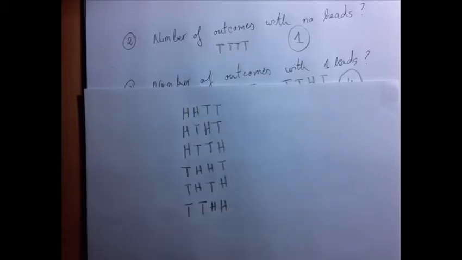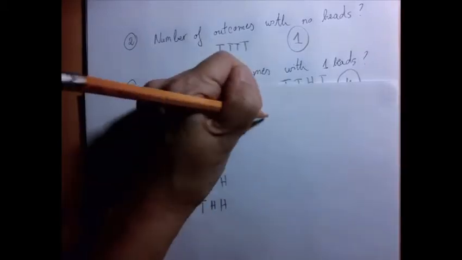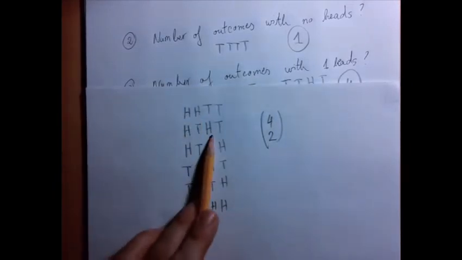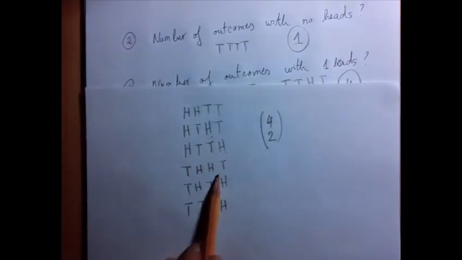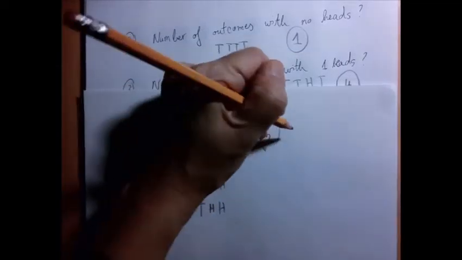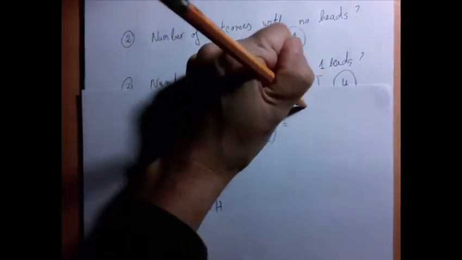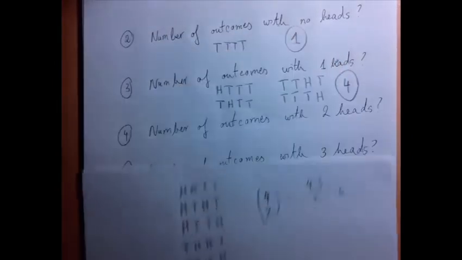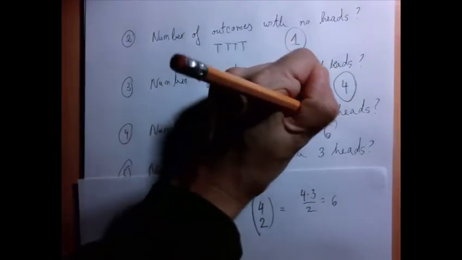And from the 4 spots, we're going to choose 2 where the heads will come, either 1 and 2, or 1 and 3, and 1 and 4, 2 and 3, 2 and 4, 3 and 4, right? These are the 2-element subsets. And once we selected the 2 spots for the heads, there are no more choices to be made. The other 2 are automatically tails. And so 4 choose 2 would be 4 times 3 divided by 2, which is 6. So we have 6 such cases.